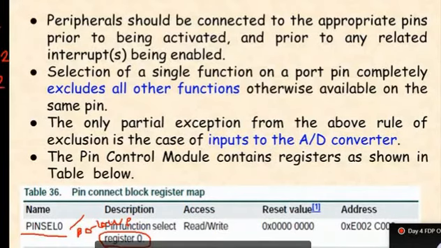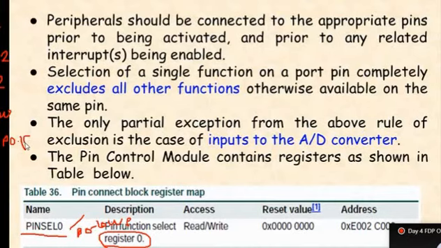P0 lower means P0.0 to P0.15, and P0 upper means P0.16 to P0.31.